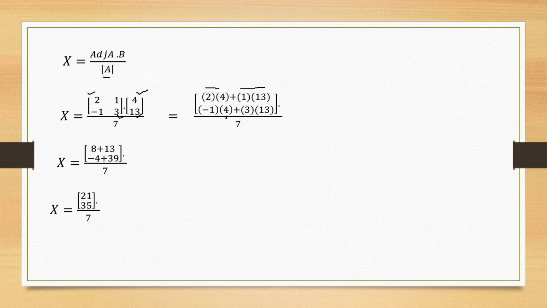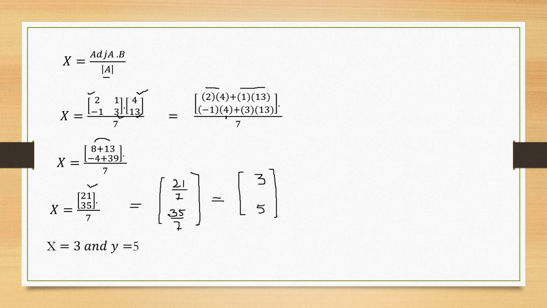Now 13 plus 8, the answer is 21, and 39 minus 4, the answer is 35, and then divided by 7. Now divide each number by 7. 21 by 7 is equal to 3, and 35 by 7 is equal to 5.